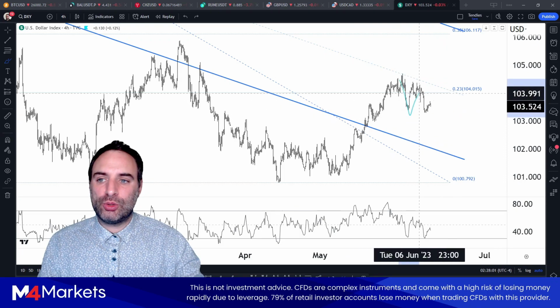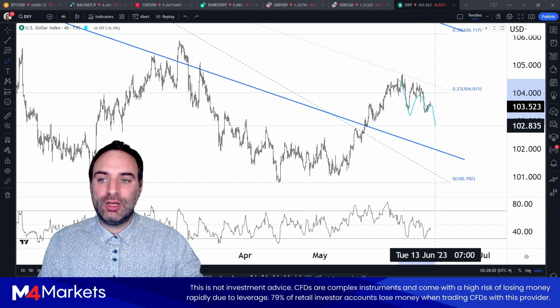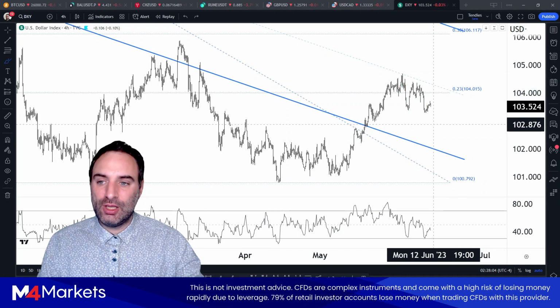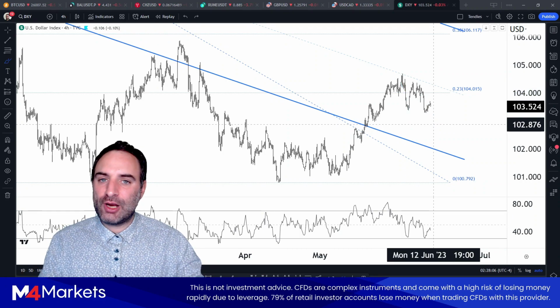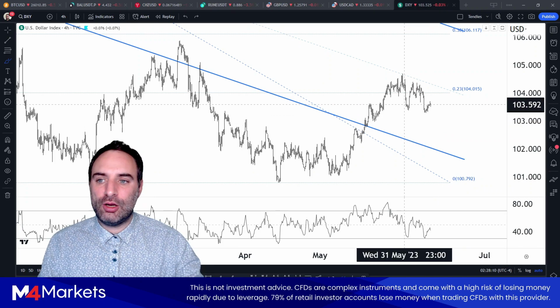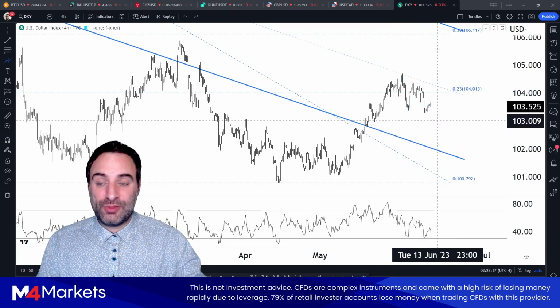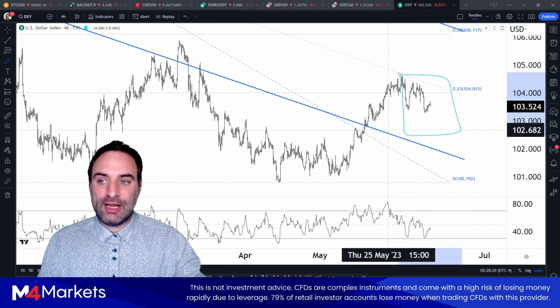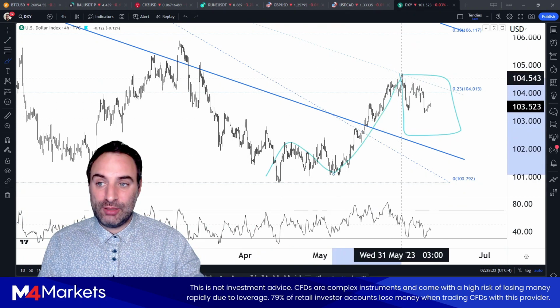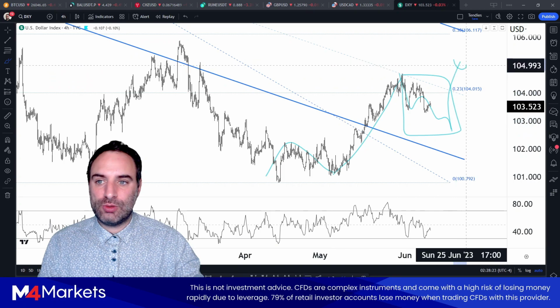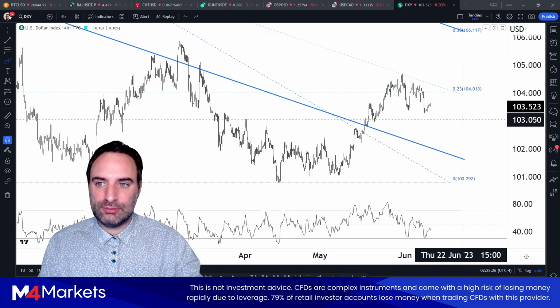Perhaps though it could also continue lower down, but still as a correction. How to identify between corrections and impulses is overlaps. We already see overlap between these two counts, right? So the structures to the downside. So this is one of the cases, the major case, that we are still correcting. We are correcting that impulse, and we continue higher for one more wave to the upside.